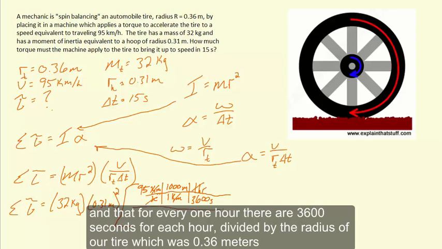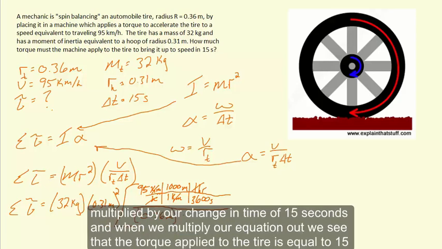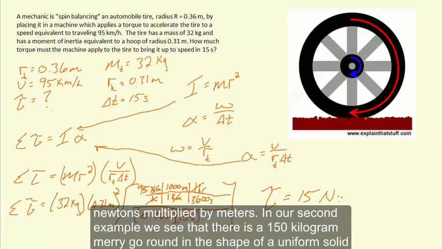Divided by the radius of our tire, which was 0.36 meters, multiplied by our change in time of 15 seconds. And when we multiply our equation out, we see that the torque applied to the tire is equal to 15 newton meters.